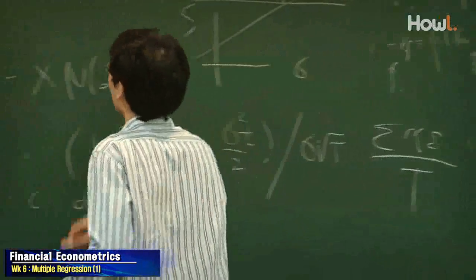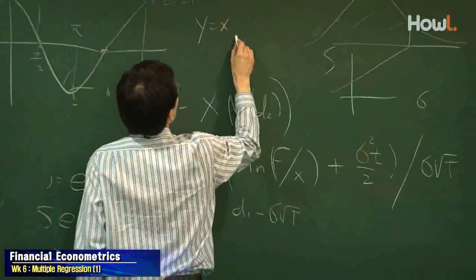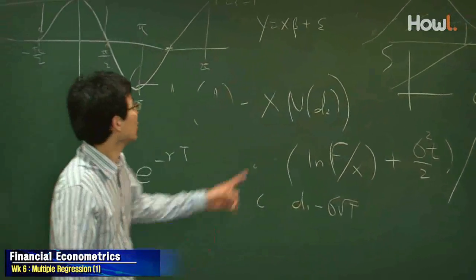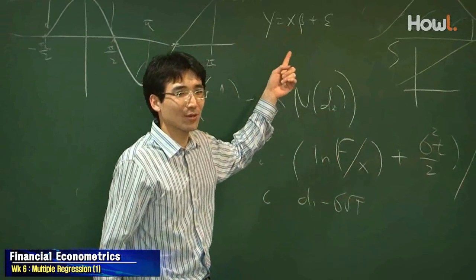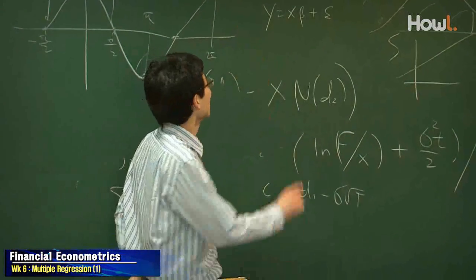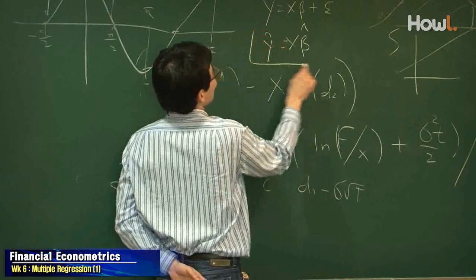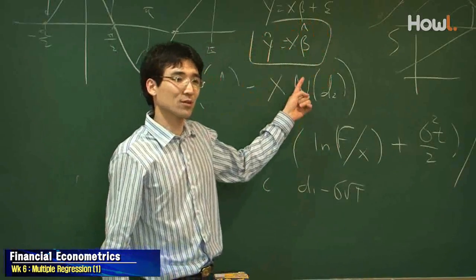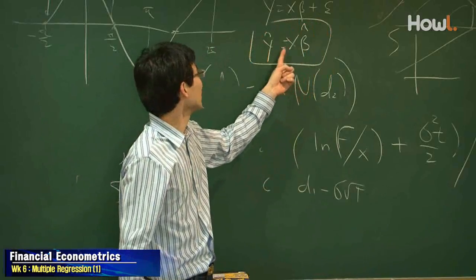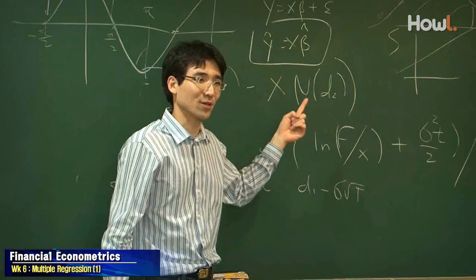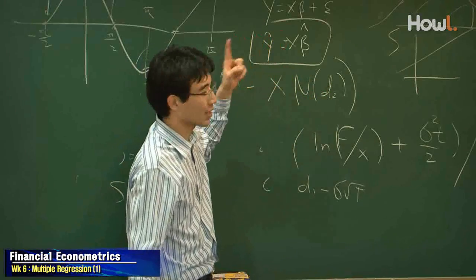So our model looks like y equals x beta plus epsilon, so y is our data. And once we estimate a beta, we can estimate y. This is y hat. Once we estimate this beta and we plot the data, we should get the estimate of y, our forecast.